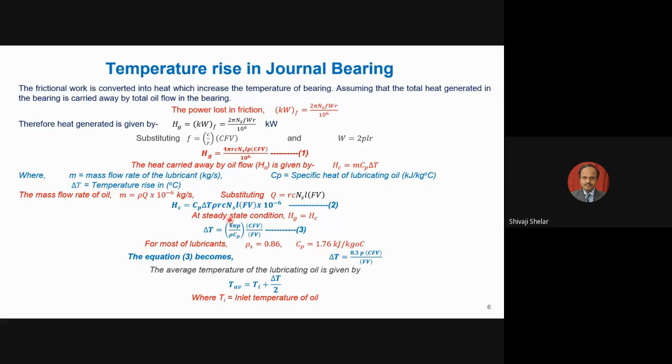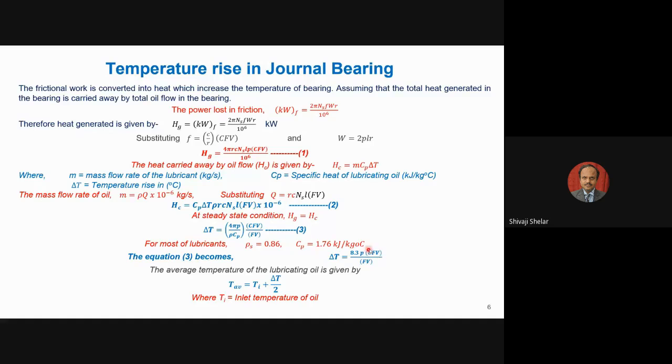If you find out this division and product, this comes as 8.3. So delta T is equal to 8.3 into P into Cfe upon flow variable. So for the given lubricant, having this rho and Cp value, delta T can be 8.3 into P into Cfe upon Fe.